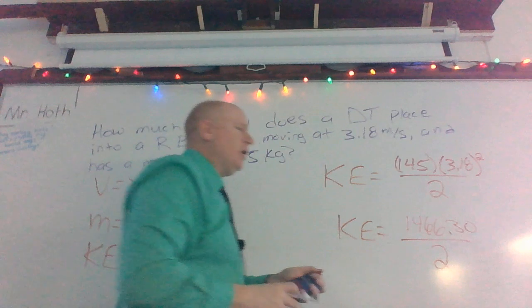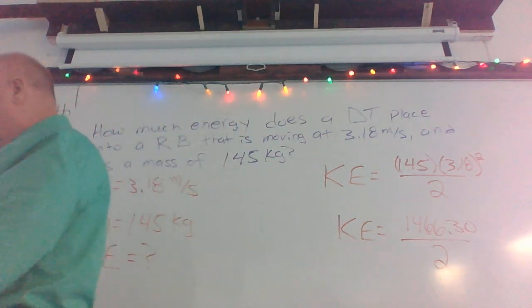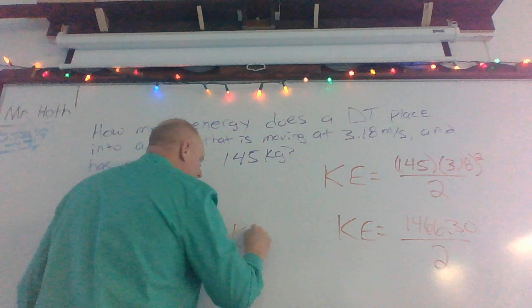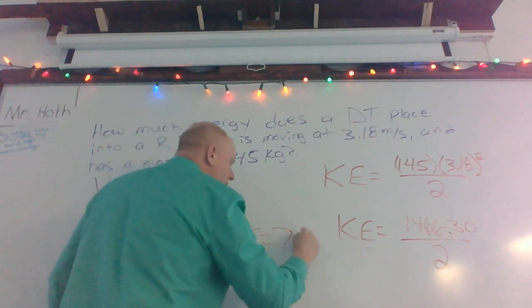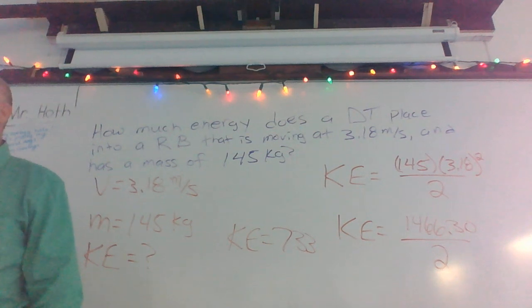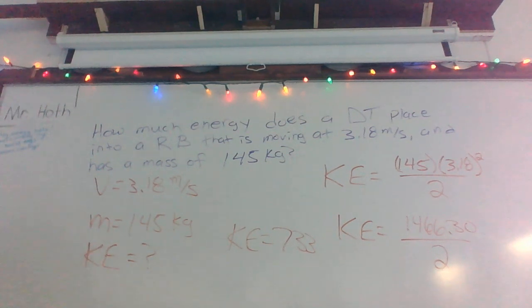Okay. So then once you divide that by 2, you get approximately 733. So KE equals 733 point whatever. Since it's energy, it's labeled in what? It's labeled in joules.